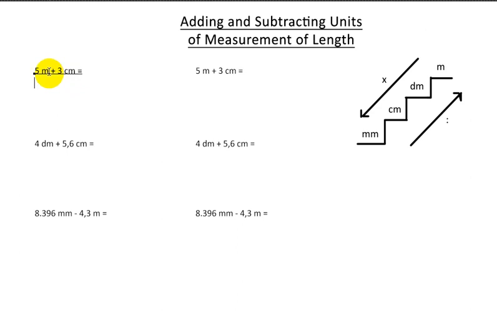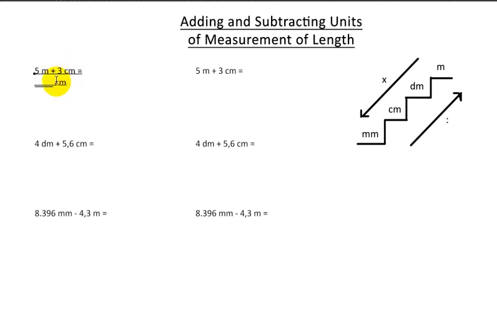I want you to write these exactly the way that I'm going to write them. So, in this first one, I'm going to choose 5 meters and I'm going to turn it into centimeters. What I want you to do in your notebook is write a line like this. After the line, put the unit of measurement that you want to turn this into. So, you want to turn it into the same unit of measurement as the other one, centimeters in this case.